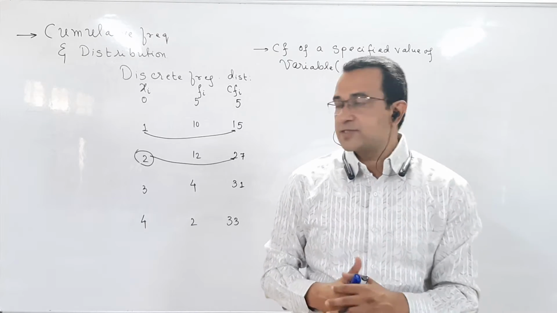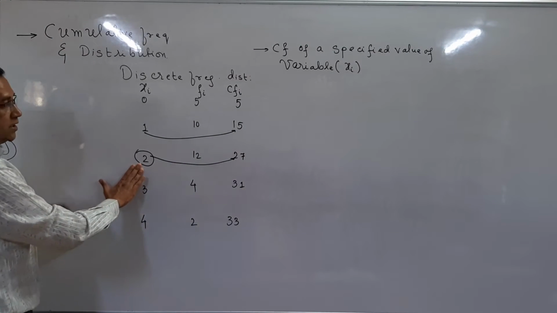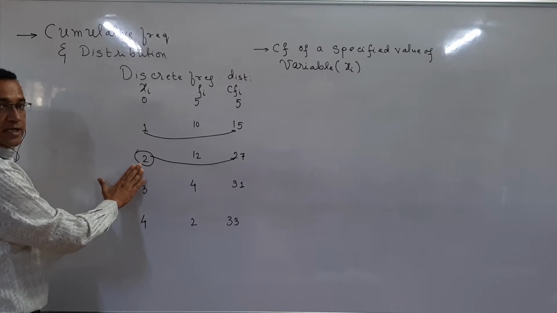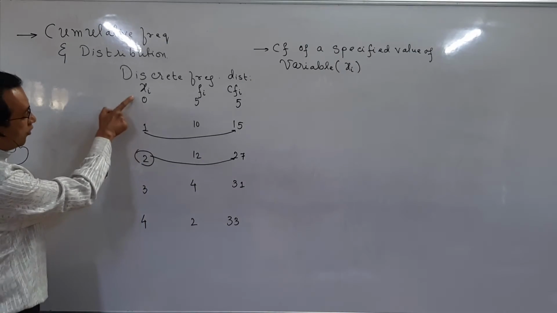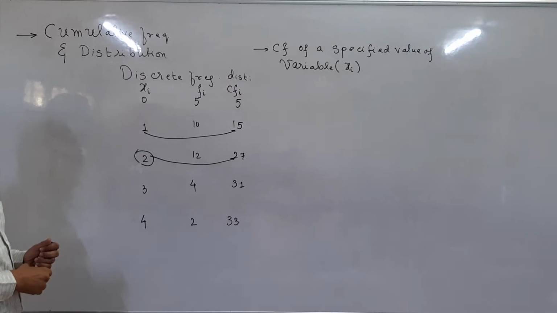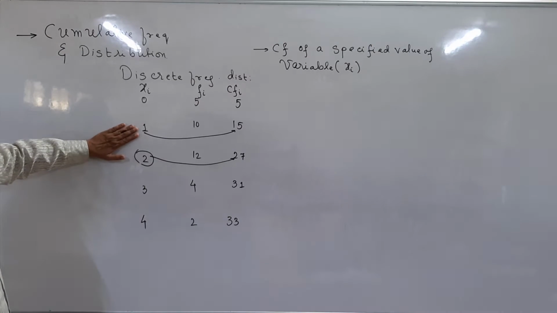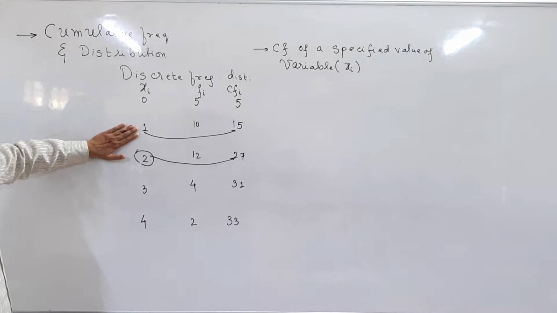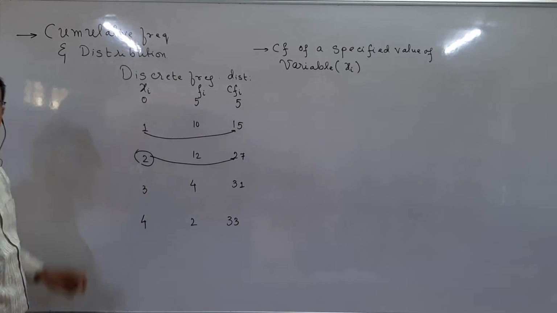Try to understand this. If I want to find cumulative frequency of variable xi equal to 2, then it is the sum of frequencies of all the values of x which are less than or equal to 2. If I want to find cumulative frequency of xi equal to 1, it is the sum of frequencies of all the values of xi which are less than or equal to 1.